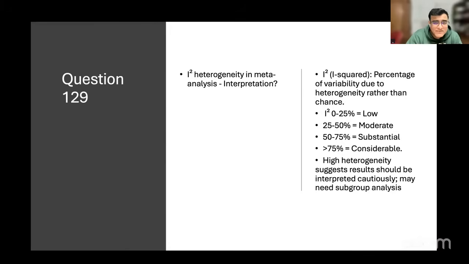Whenever the I squared is 0 to 25, it is low heterogeneity. If it is more than 50, then it is more heterogeneity. More than 75, then it is very heterogeneous. So high heterogeneity means your data has to be interpreted with caution.